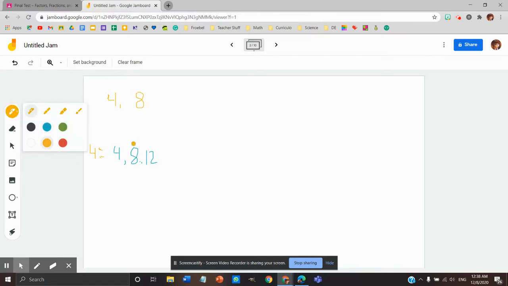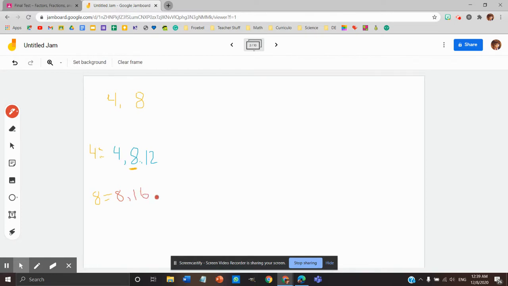So now I'm seeing a pattern here. I can see that it has an 8, so I can stop. So let me just do the table of 8. I know that 1 times 8 is 8. And I also know that 8 times 2 is 16.